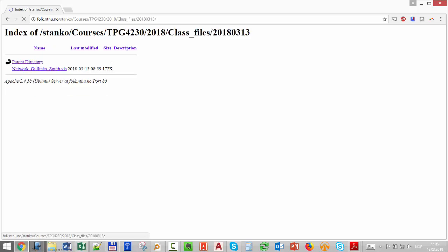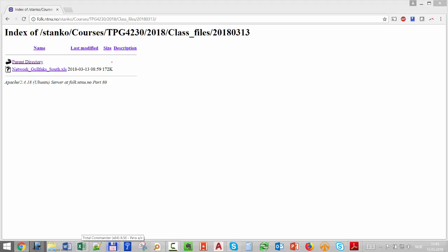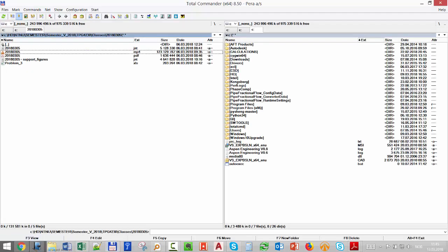We have the folder for today, and it's called Network Ulfax South, and that appeared in an exercise set from 2 years ago or last year maybe. So please open that. It's this one.